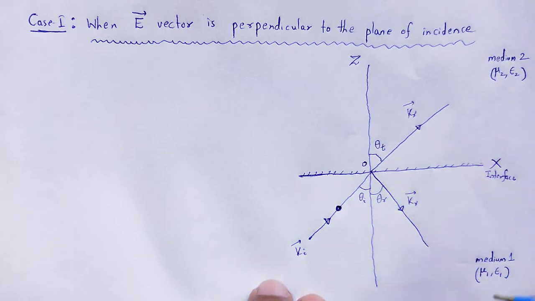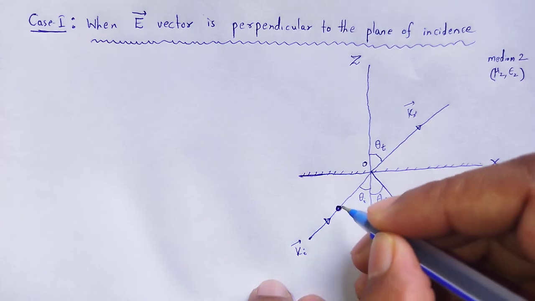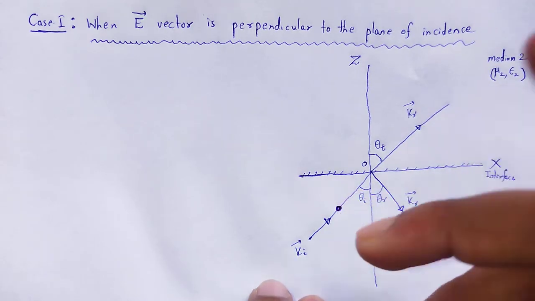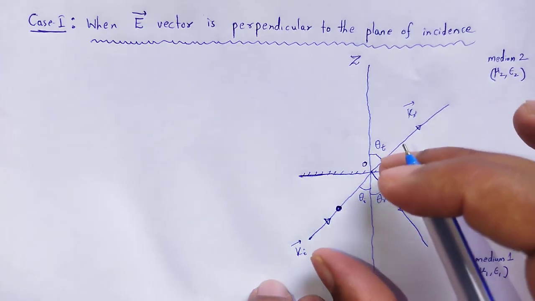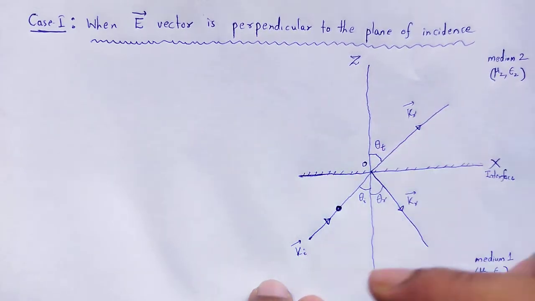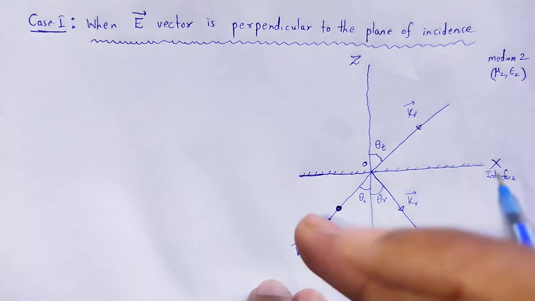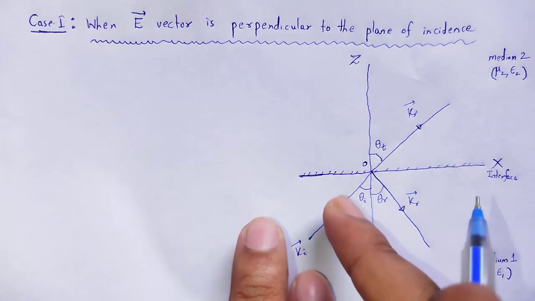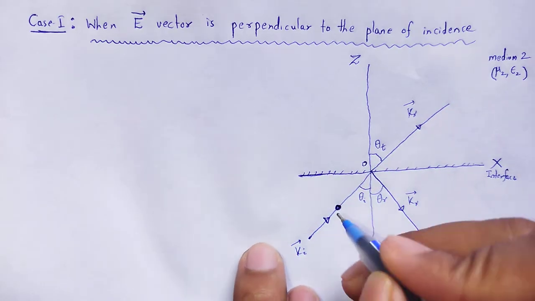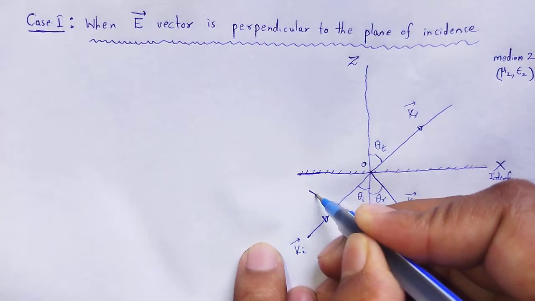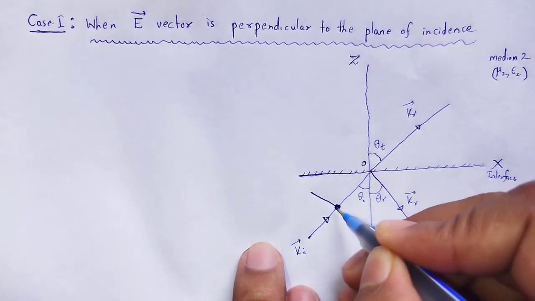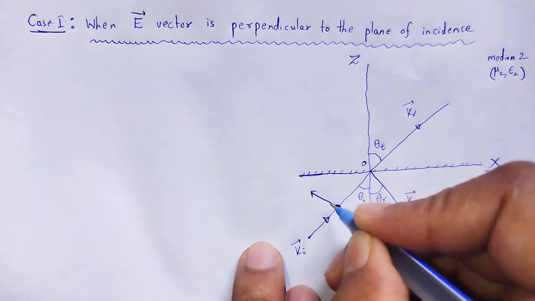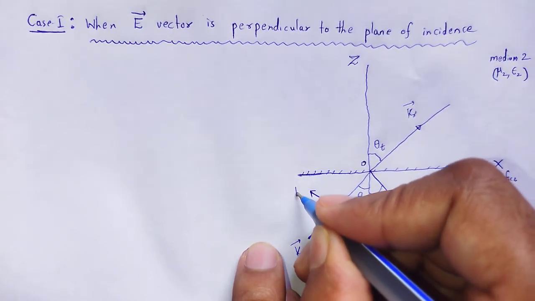Similarly, we relate the E vector to the S vector, which is perpendicular to the E vector, and that one is the direction of the S vector.